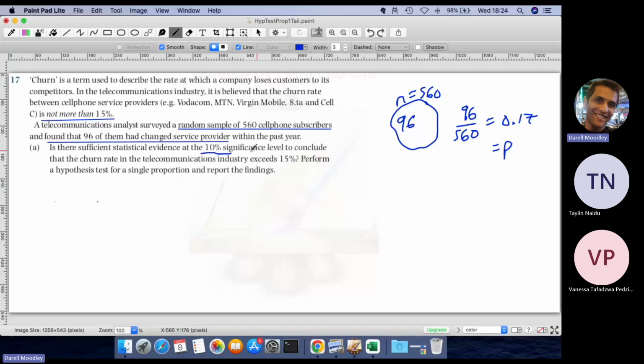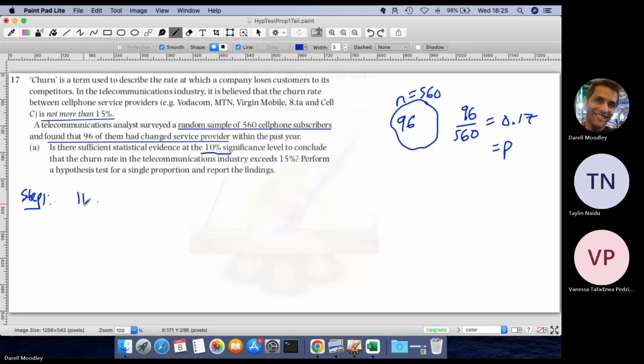You need to do this hypothesis test and go back and tell your superiors whether this percent is above 15% or not. That's what you're going to test. As for hypothesis testing, we have our 5 steps. Step 1 is to declare your hypotheses.